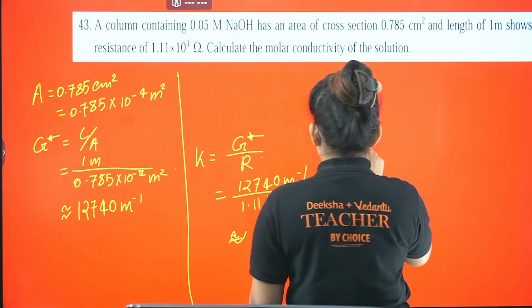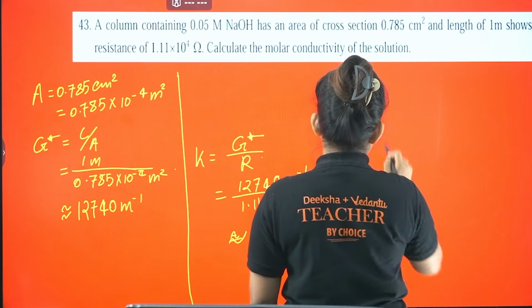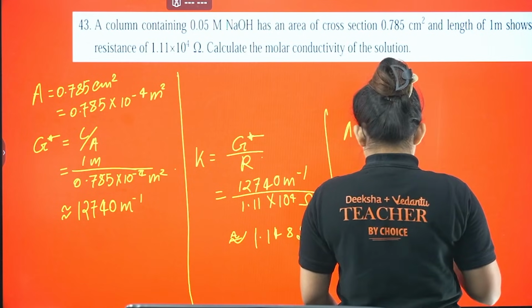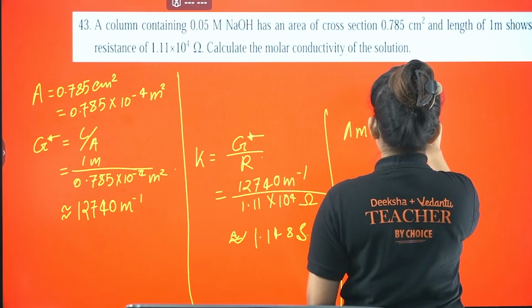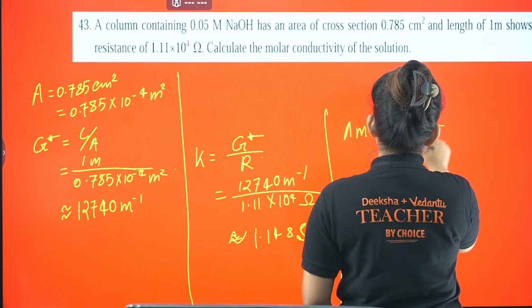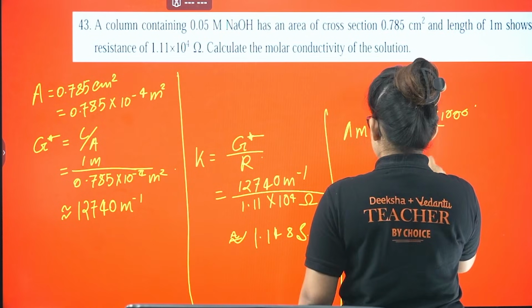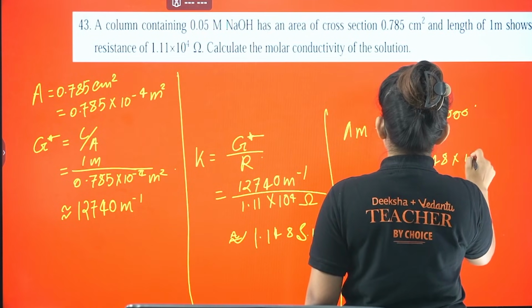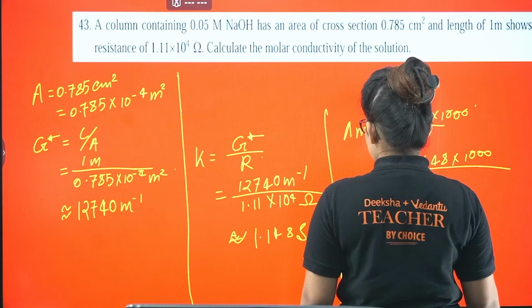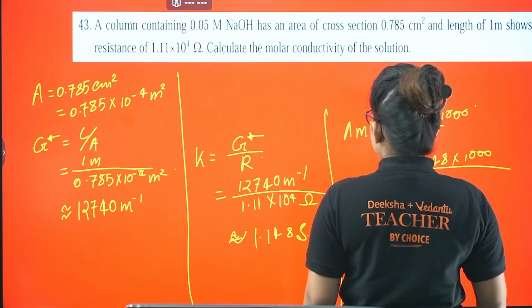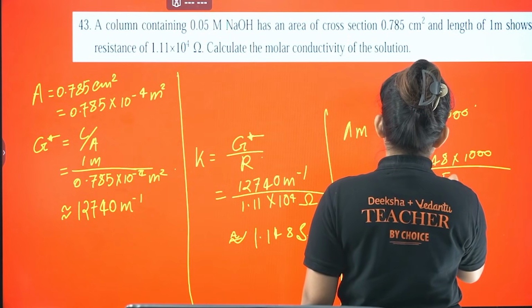Right, now what do you have to calculate? Molar conductivity, right? So lambda m is basically going to be kappa by C into 1000. Just put the value over here, 1.148 into 1000 divided by 0.05.